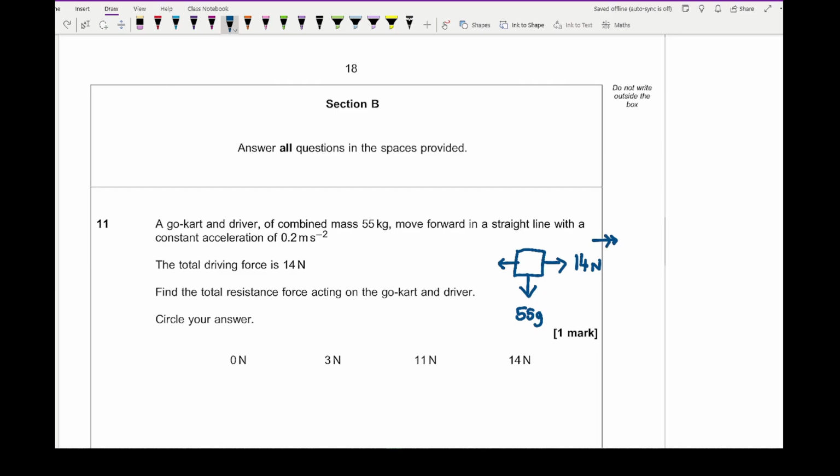Acceleration, if we move in the direction from left to right on the screen, would be 0.2 meters per second squared. So using F equals ma, we would have the forwards force of 14 minus the resistance force that's acting in the opposite direction, and that's equal to the mass 55 times acceleration of 0.2.